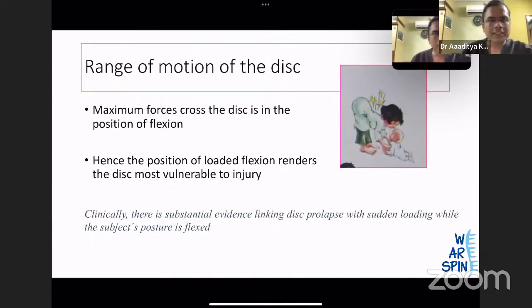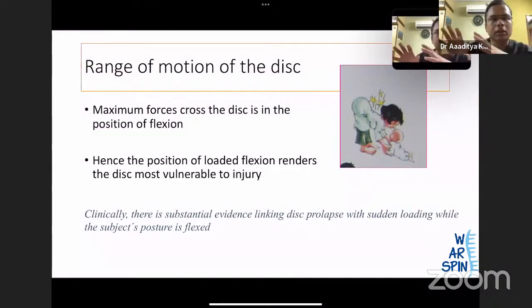So maximum forces cross the disc in the position of flexion, and hence the position of loaded flexion renders the disc most vulnerable to injury. That's the reason why we always hear from patients that whenever they got injury to their back or their disc, they were trying to bend forward and lift something, and that is why they get injured.